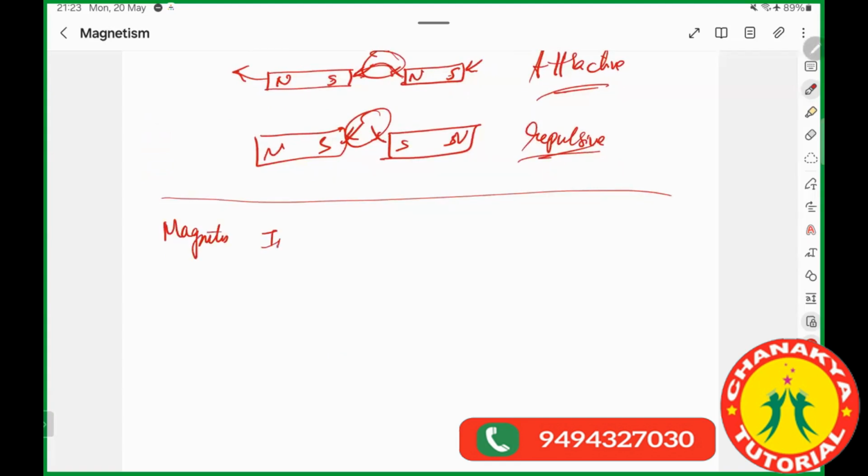Magnetic induction, or induction strength.